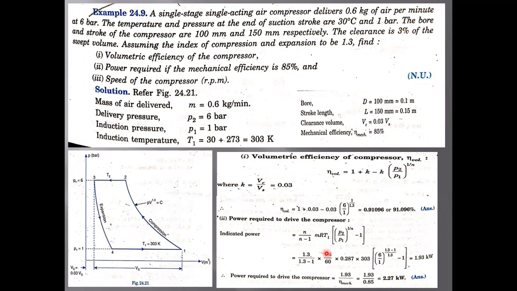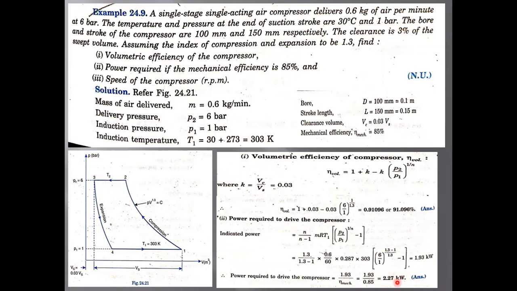The power utilized is the indicated power, which we had found out. But now he asked for the power required to drive the compressor, that is, the input power, and of course he has given the mechanical efficiency. So the power required to drive the compressor is 1.93, which is the indicated power, divided by the mechanical efficiency, and that will give us the power input.